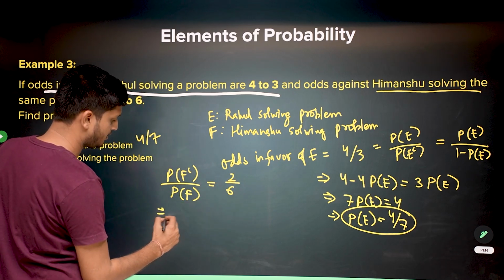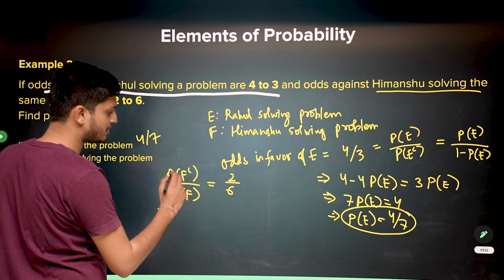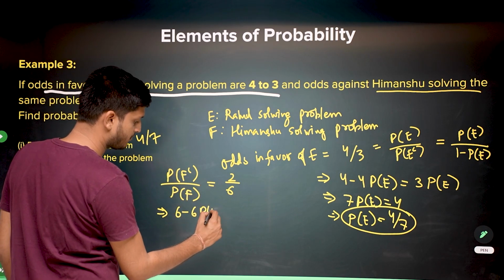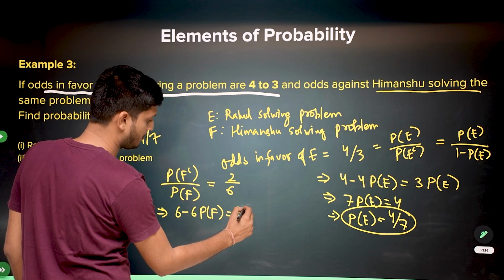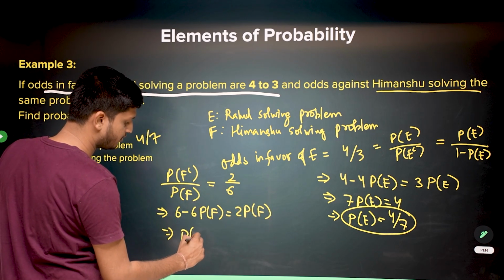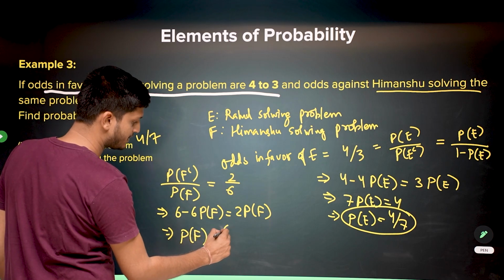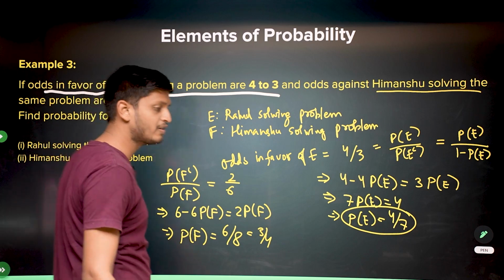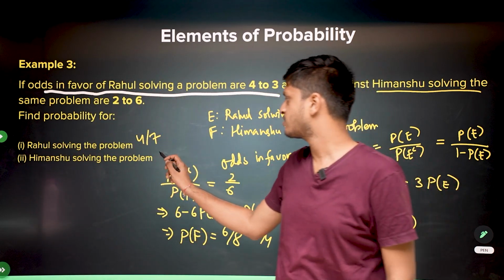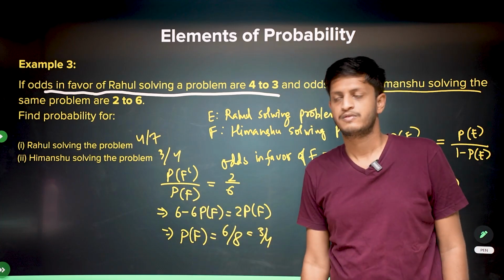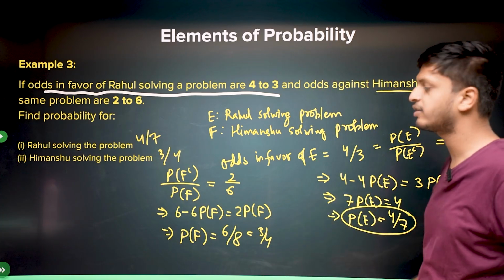So you can bring 6 here, this is nothing but 1 minus P(F), so it will become 6 minus 6 times P(F) equals 2 times probability of F. So the probability of F becomes 6/8, which is 3/4. So there are 75% chances that Himanshu can solve the problem. I'm just using the standard formula and calculating the probabilities.